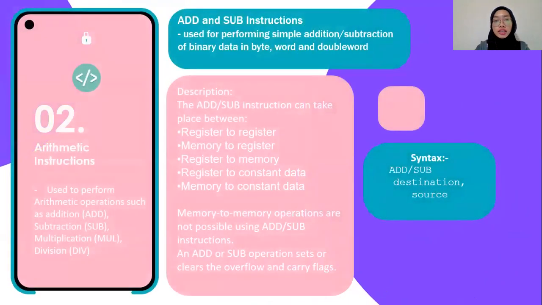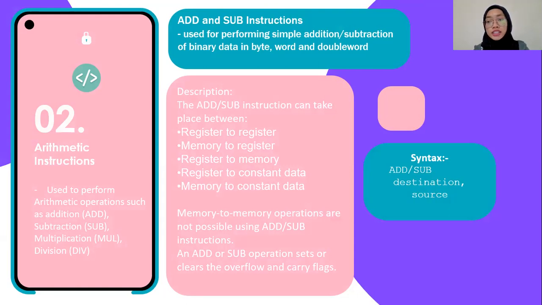Let's move on to the second instruction, which is the arithmetic instruction. Arithmetic instructions are used to perform arithmetic operations such as addition, ADD, subtraction, SUB, multiplication, MUL, and division, DIV.